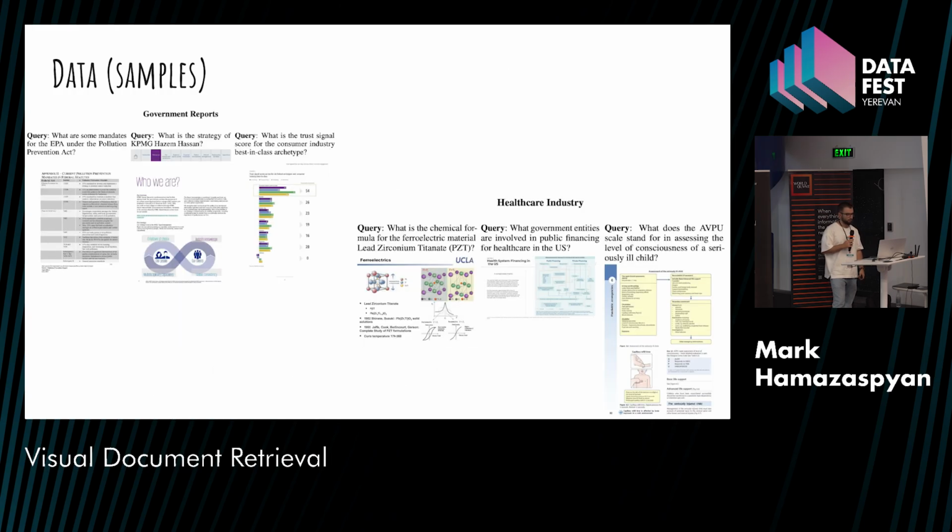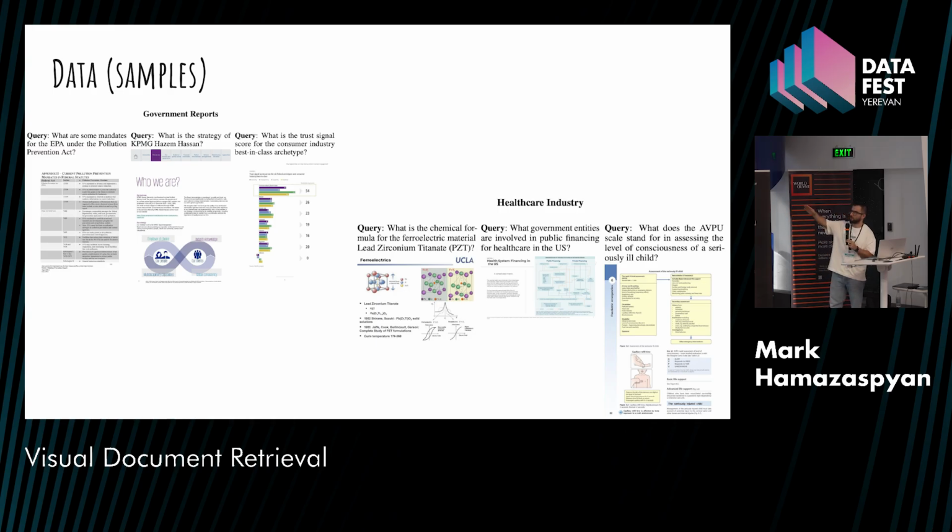Okay, I also wanted to show what data samples were used for this kind of research and models. You can see there are pages of different documents. It can be from any field, chemistry or finance or anything else. Usually we have the query and we have the document page.